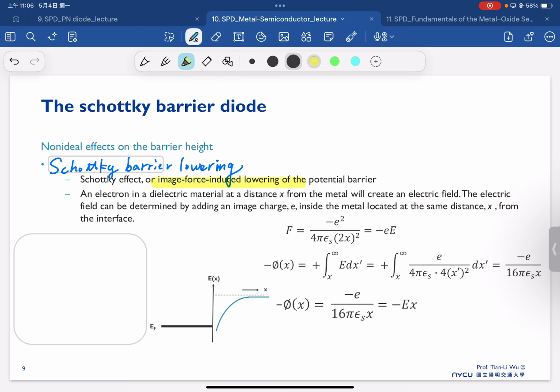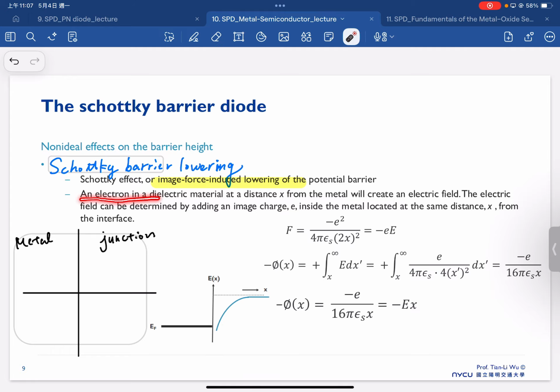So the idea is that if you consider the junction and metal, the electron in a dielectric material at a distance x from the metal will create an electric field.